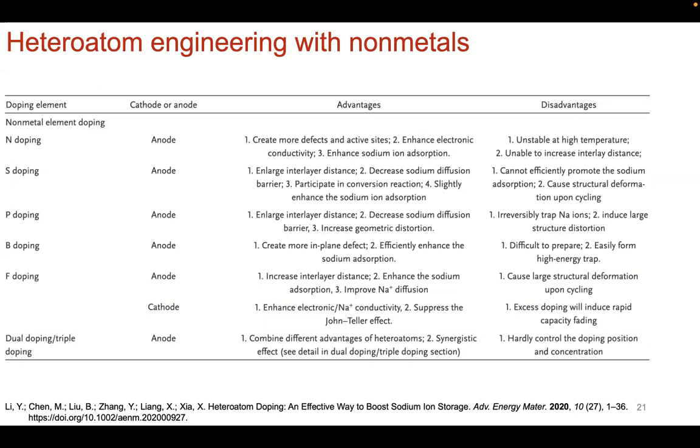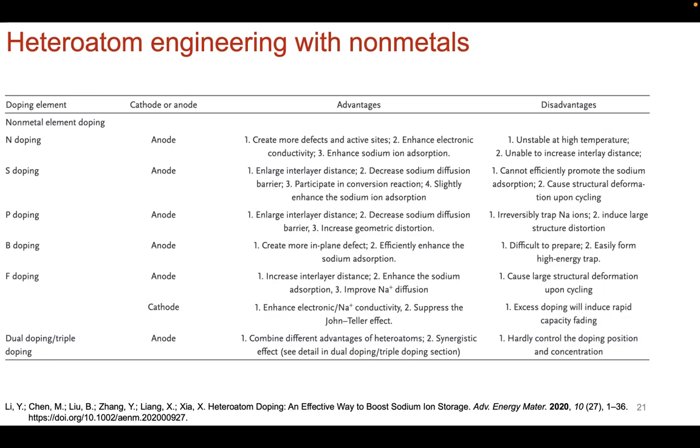There's also sulfur doping. Phosphorus doping comes naturally if you're using biomass precursors, because that's typically in fertilizers already. Now, boron and fluoride doping are a little bit more, I would say, exotic, and they all have different reasons for why you would want to do that.